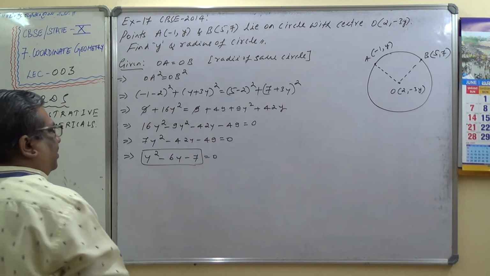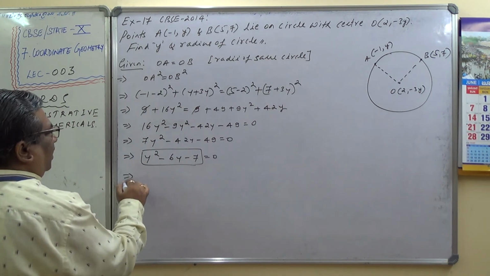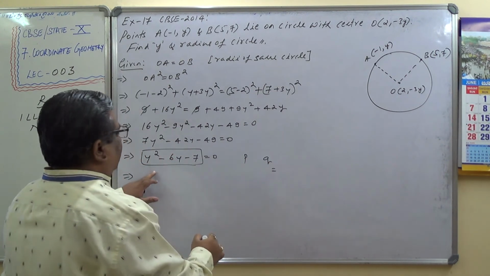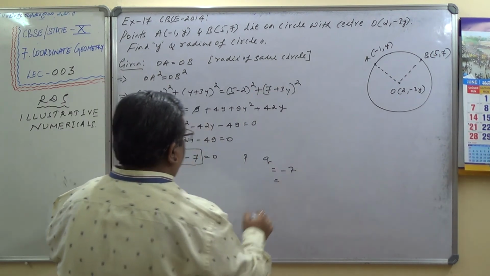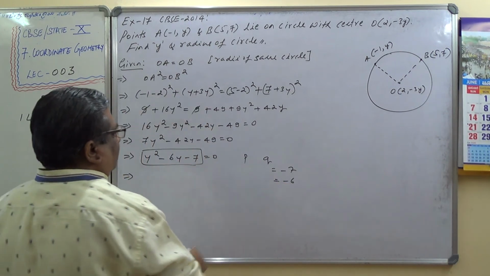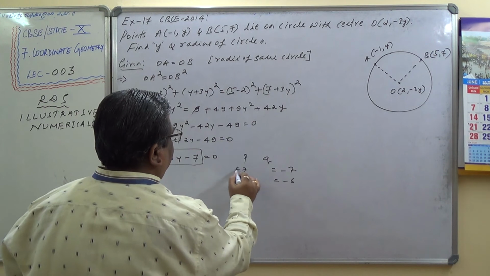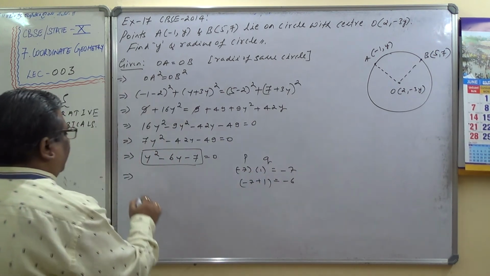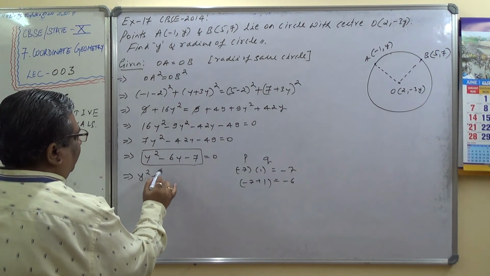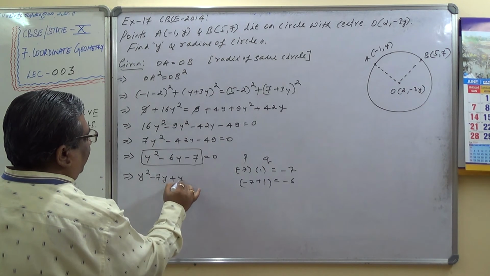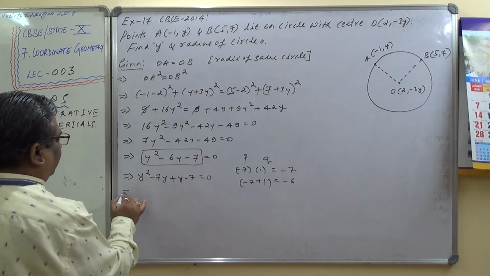Solve this quadratic equation. I require p and q such that the sum is minus 6 and the product is minus 7. So 7 into 1, minus 7 plus 1. So y square minus 7y plus y minus 7 equals 0.